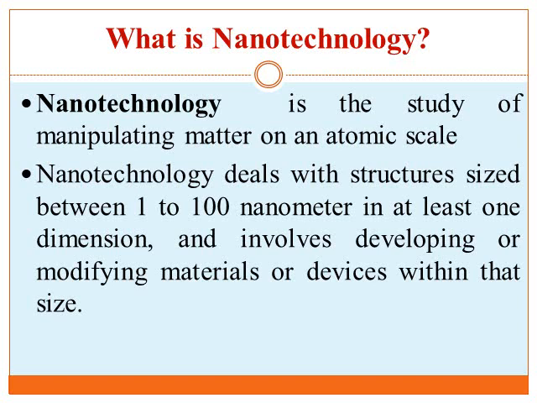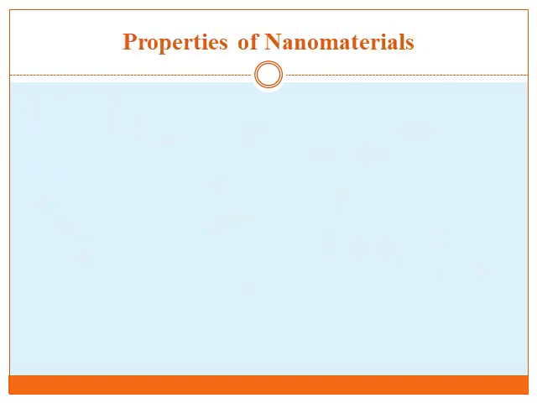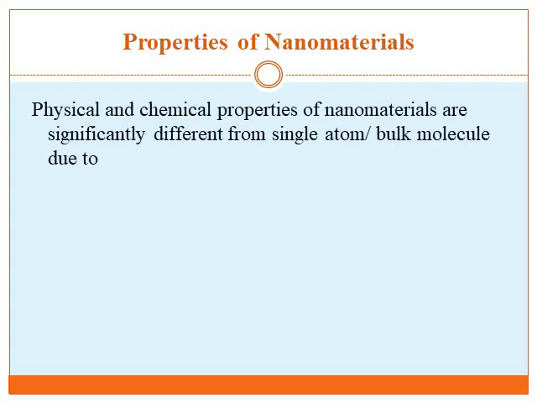Now what happens when materials are brought down to the nanoscale? We found that the physical and chemical properties of nanomaterials are significantly different from single individual atoms or bulk molecules.